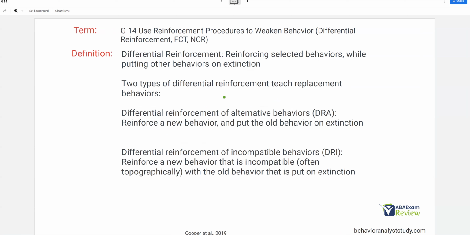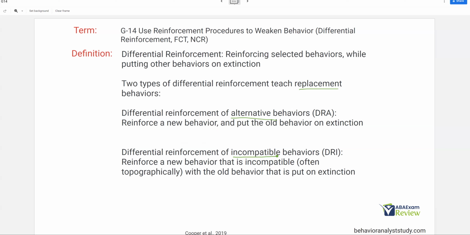When we think of differential reinforcement in practice, we frequently think about replacement behaviors. And there are 2 types of differential reinforcement that are going to explicitly teach replacement or alternative behaviors, and those are DRAs and DRIs. We have differential reinforcement of alternative behavior and differential reinforcement of incompatible behavior.